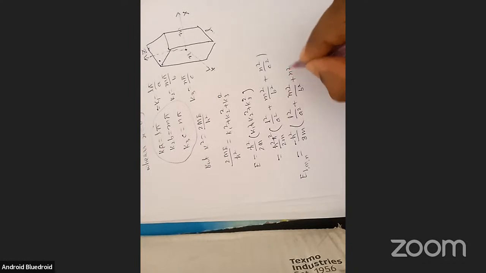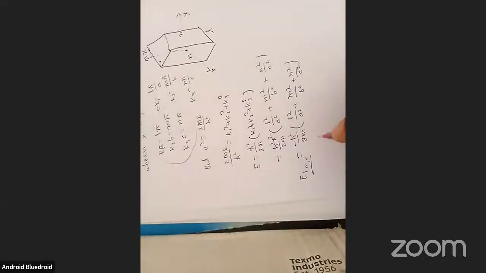Here the denominator is also 2m, multiplied by this, that is also m. So 8m into L square by A square plus M square by B square plus N square by C square. Okay. Here, eigen functions. This one is eigen functions.